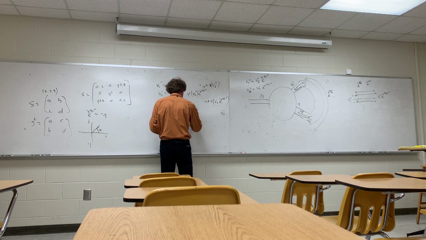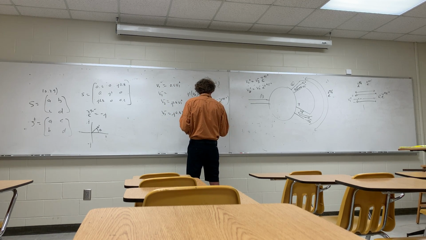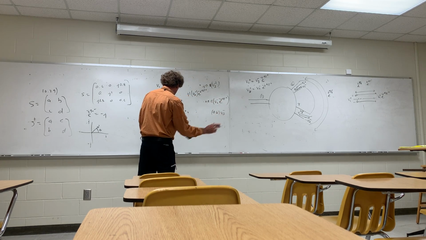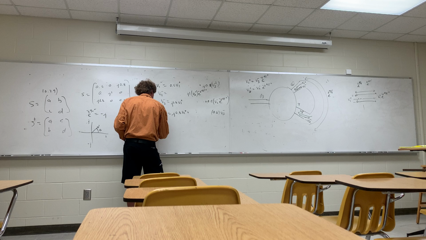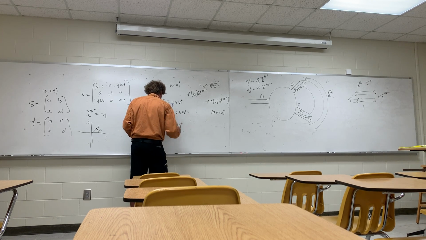I have 0.6 over here. 0.6 times V3 minus is equal to V3 minus over here. I take that over here, so I have 0.4 V3 minus is equal to j 0.8 V1 plus.